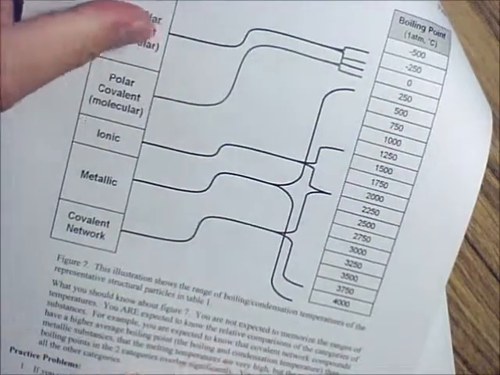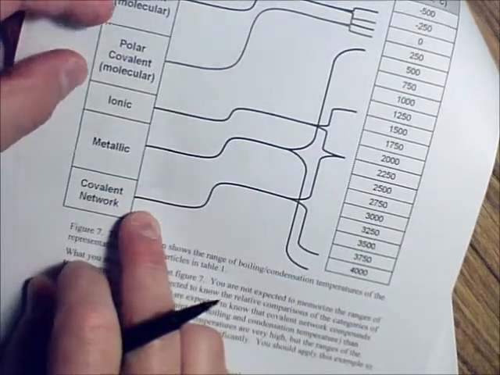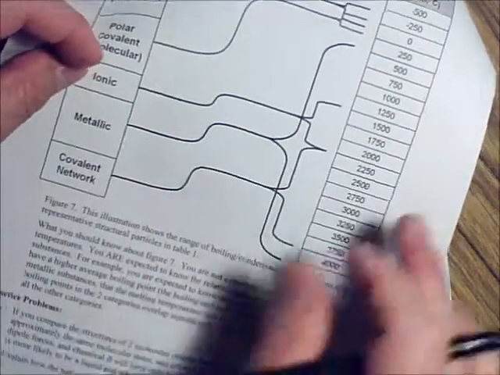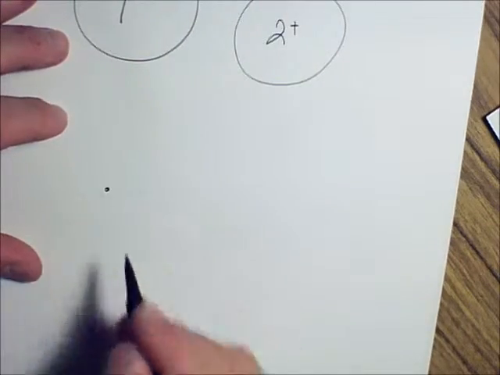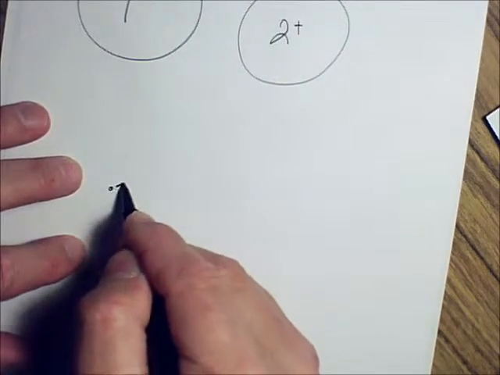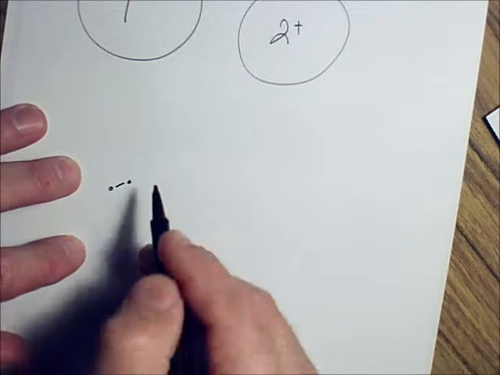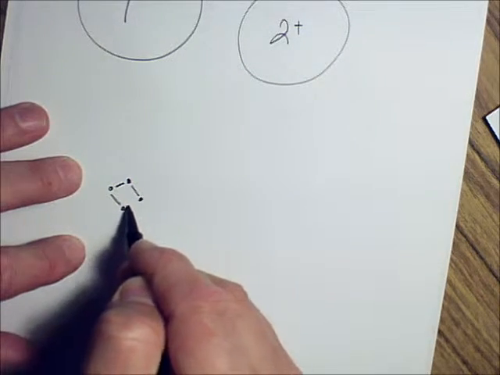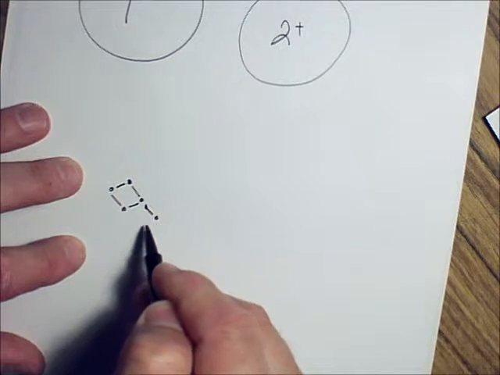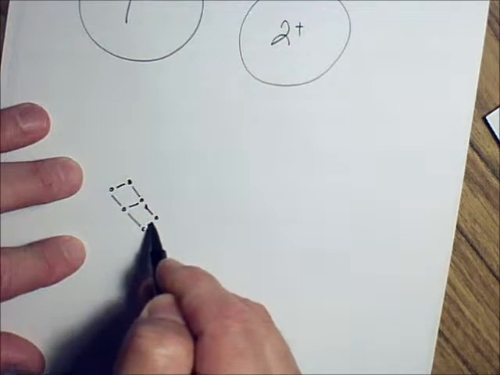Okay? And lastly is covalent network. And we haven't really looked at covalent network, but covalent network is the result of particles that are atoms, okay, that are covalently bonded from one atom to the next. But they don't just stop with one. They keep going and going and going and going.